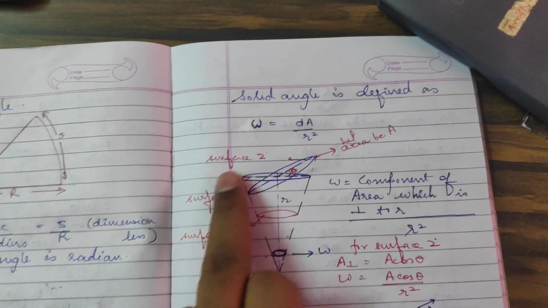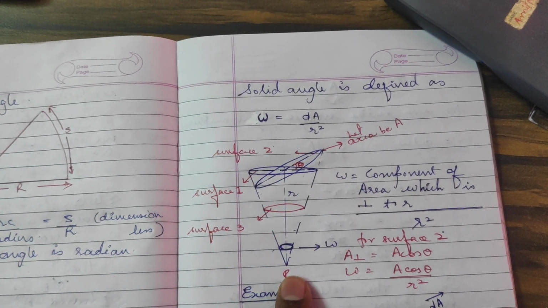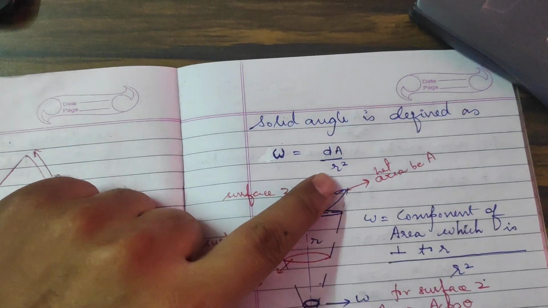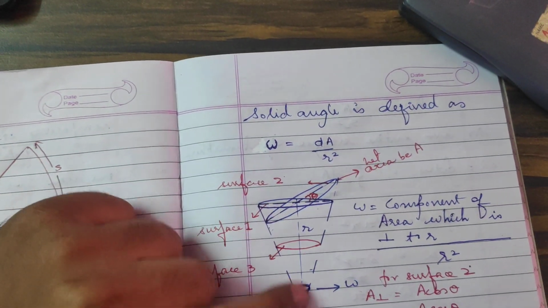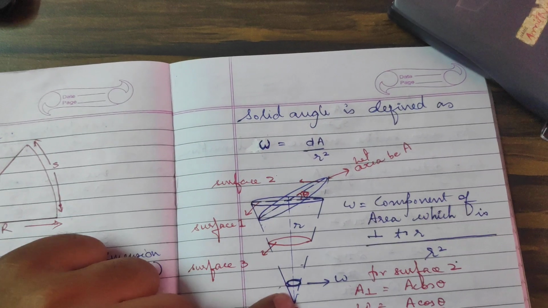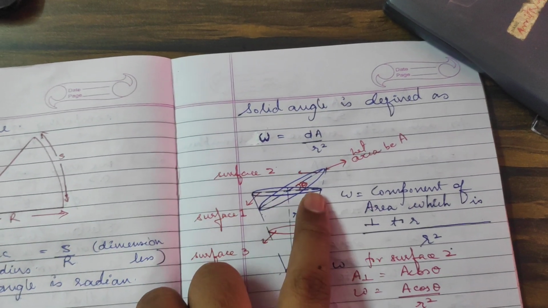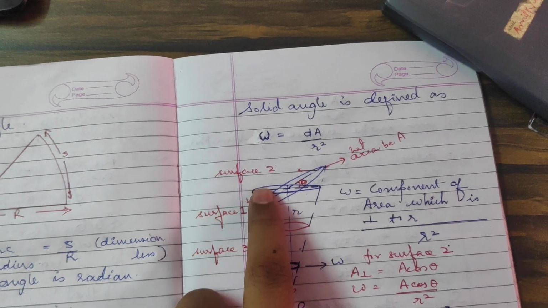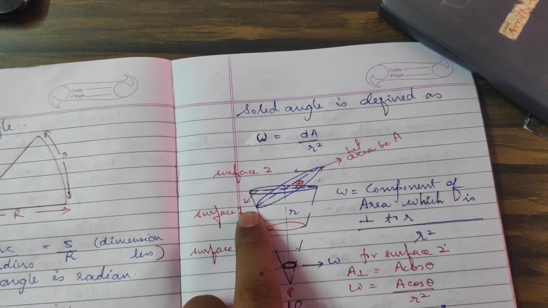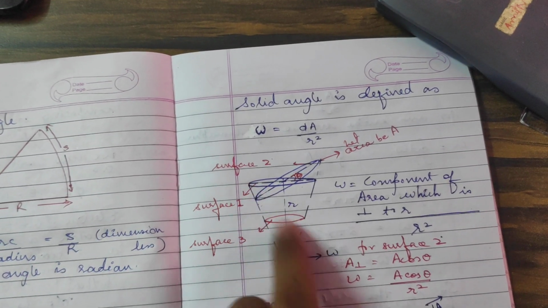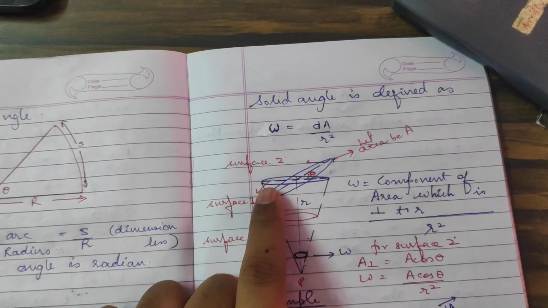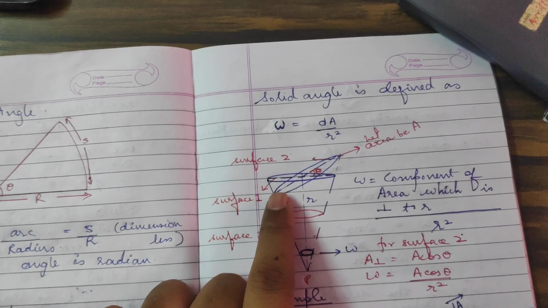The surface subtended at point P, to the square of the distance between the surface and the point. So assuming this surface is surface 1, I have assumed that surface 1 has a very small area called dA.